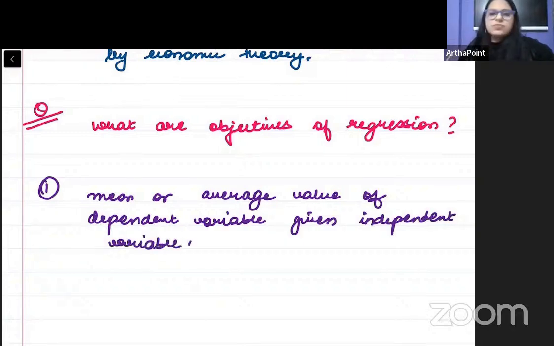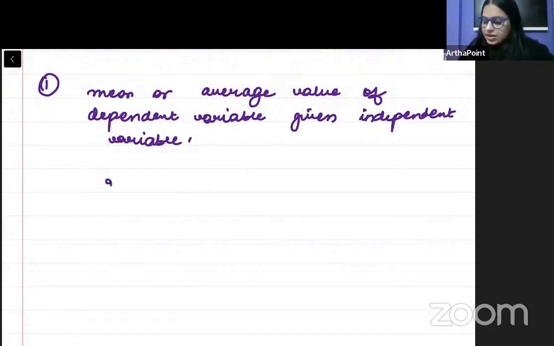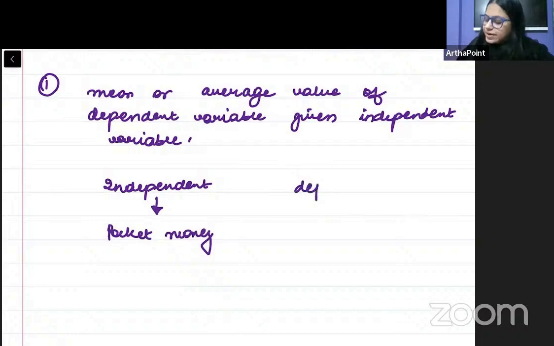Right, beta? What does this mean? It means that if I tell you that my dependent variable is happiness.